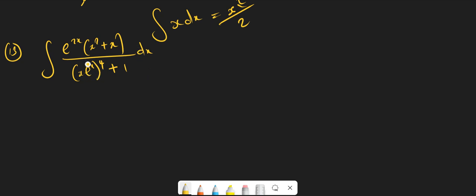Let's say you take u to be x e to the x. Rather than this, let's square it. We have x squared e to the 2x. The reason for this is because the expression at the top looks like something at the bottom.